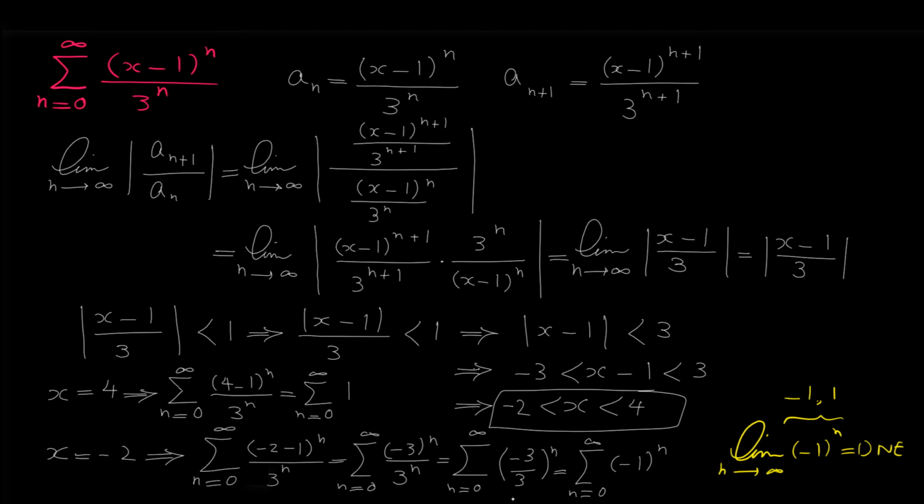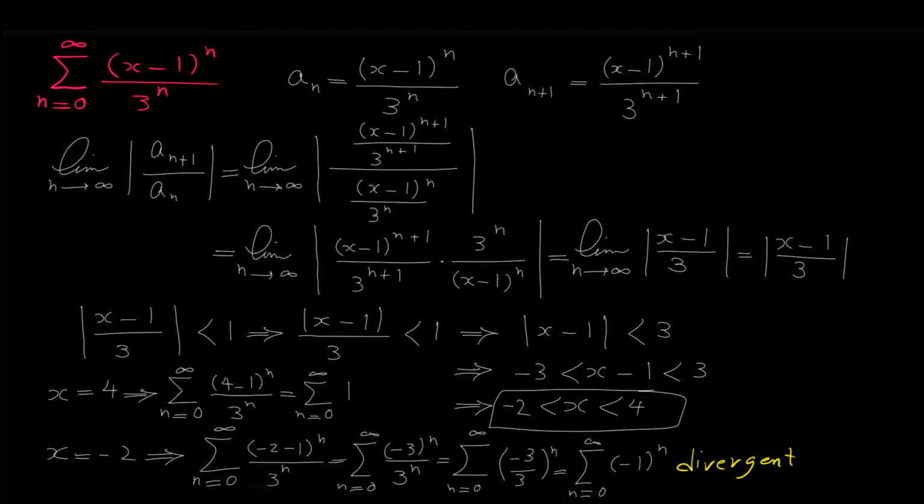It doesn't approach any specific value. And because this limit does not exist, based on the divergence test, the series is divergent. So at the other endpoint also, the series is divergent.